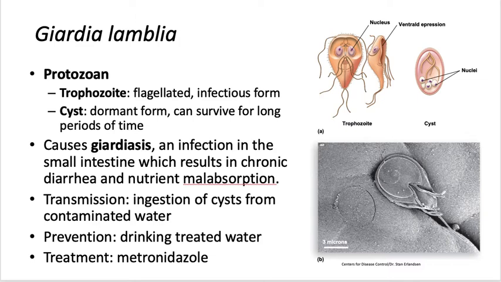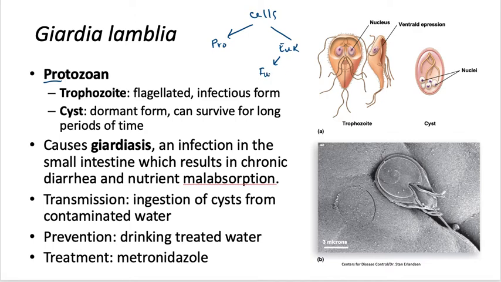Our final cause of diarrhea is going to be protozoan. We have Giardia lamblia. Giardia is a protozoan. So remember, on our flow chart of cells versus viruses, we've got our prokaryotic cells and we've got our eukaryotic cells. And protozoa, despite starting with pro, is one of our types of eukaryotes.